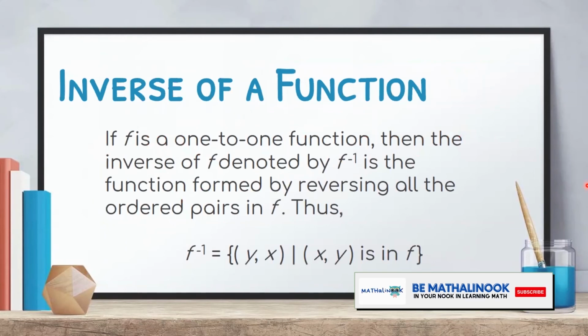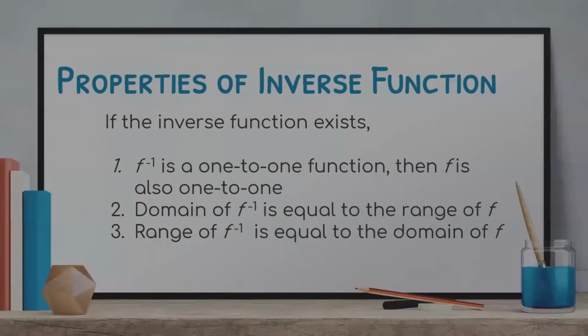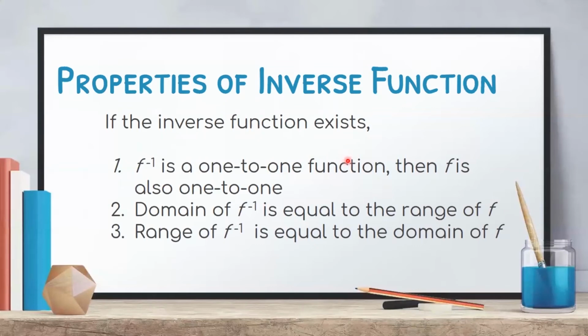In this video, we will discuss the inverse of one-to-one function. In the previous video, we discussed that to determine the inverse of the function, denoted by f raised to -1, we need to reverse the domain and the range of the given function. Also, the properties of an inverse of a function are the following.